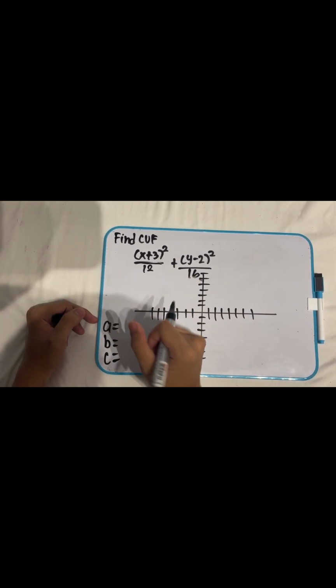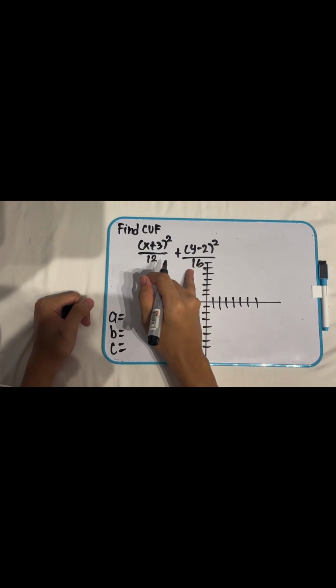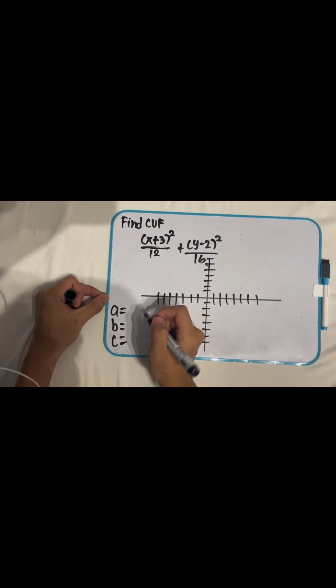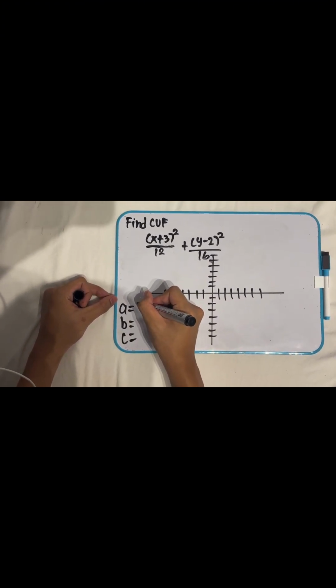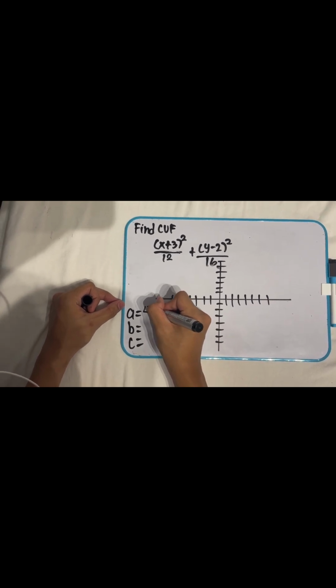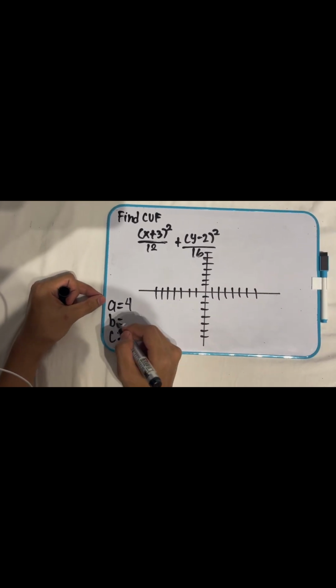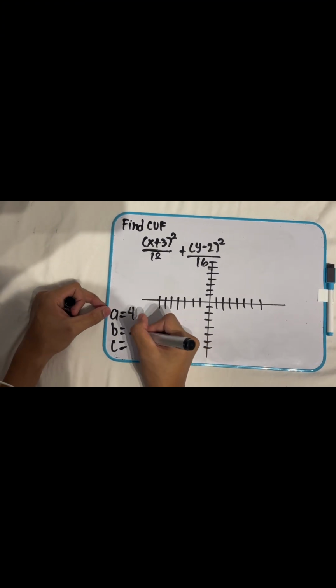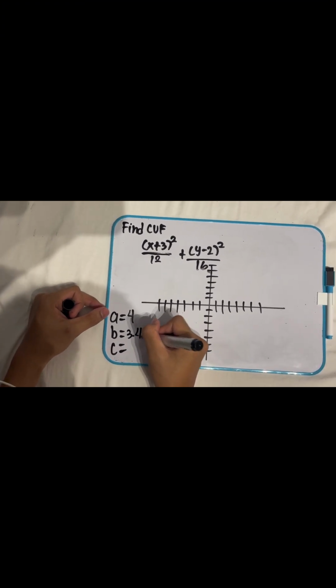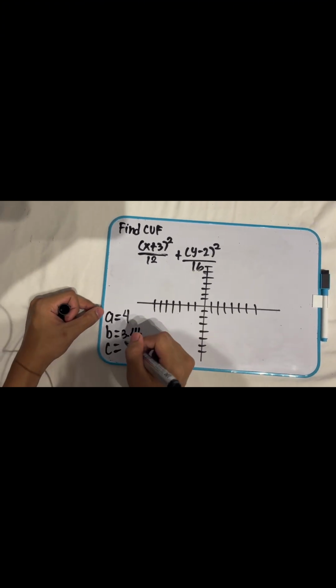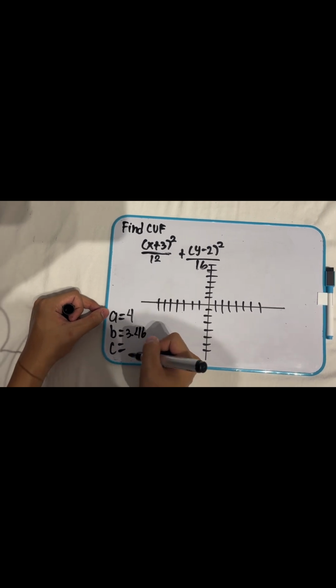The square root of 16 is 4. The square root of 12 is 3.46.